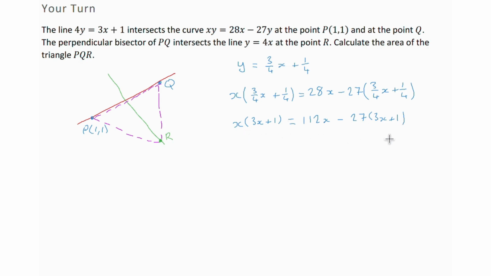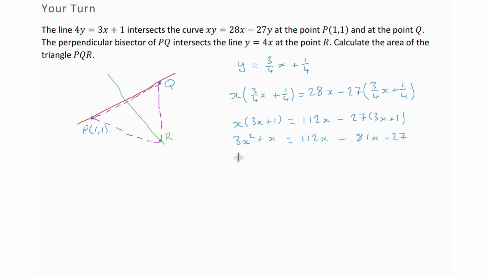Now that I've multiplied through by 4 and I've got everything in integers, I'm going to expand. So I get 3x² + x = 112x, take away 27 times 3 is 81x, take away 27.